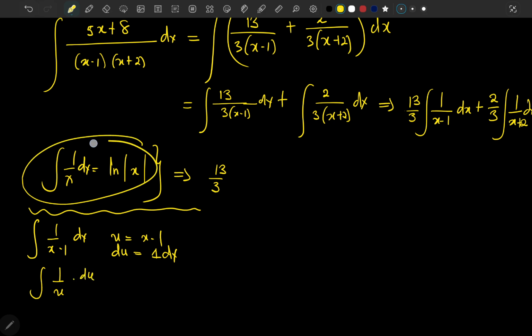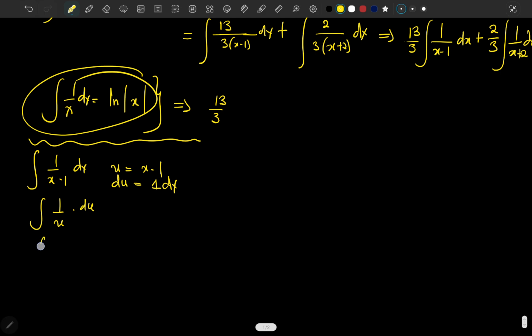Recall what I said: the integral of 1 over x, or 1 over u, as long as it's a single letter, is just the ln of that letter. So if I integrate with respect to u, I get ln u. But my u is x - 1, so I'm still just going back to the same.